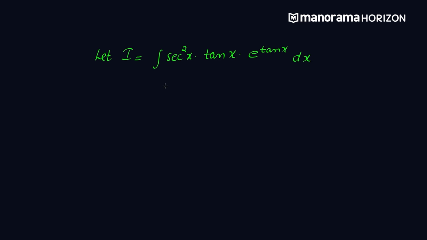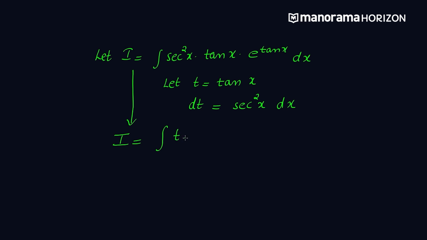Now, we can give the substitution. What substitution we can give? We can give t is equal to tan x. Therefore, dt will be equal to derivative of tan x, which is sec square x dx. Alright. So, our I becomes I is equal to integral t into e raised to t dt.